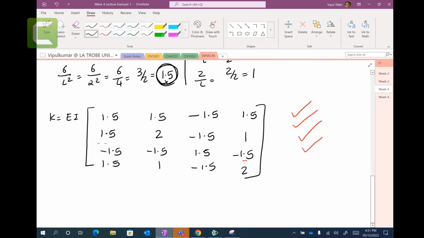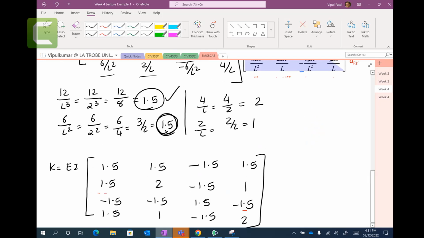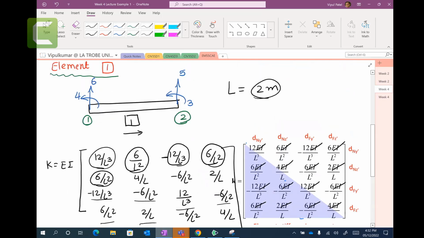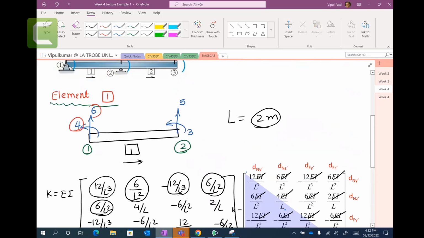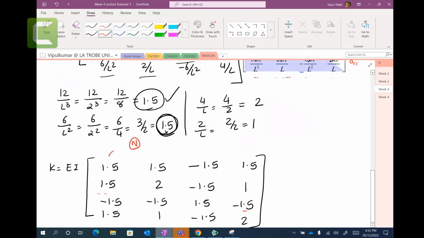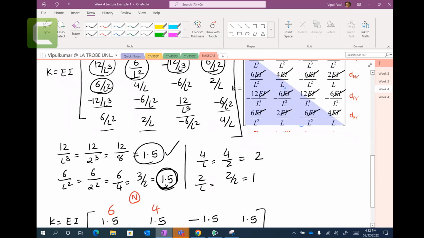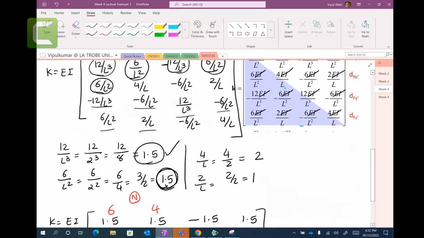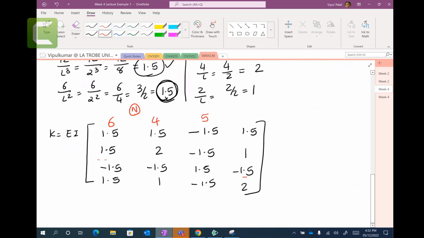Okay. Now a few things I'd like to highlight. The first 2 columns are the near node. So the near node is 6 and 4, the vertical displacement first, then rotation. You understand that? And this one is the far node, vertical displacement and rotation, 5 and 3.